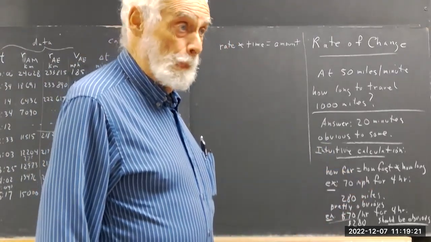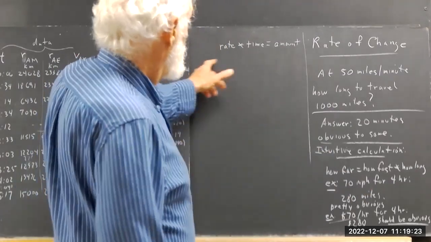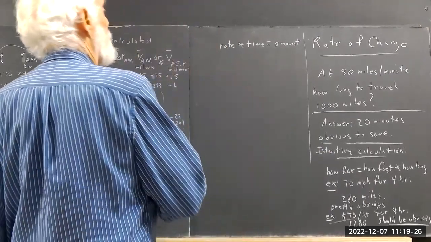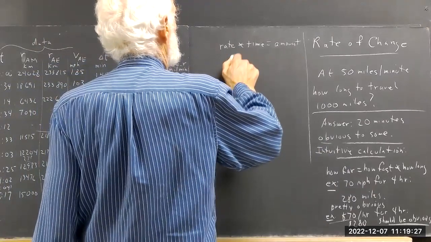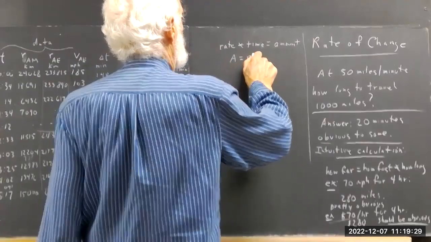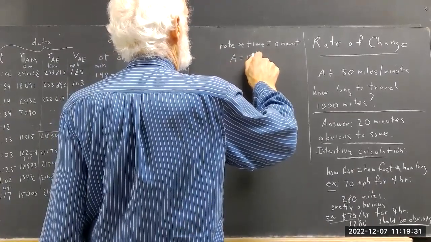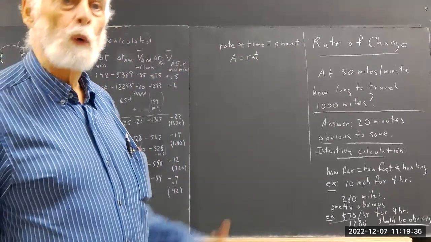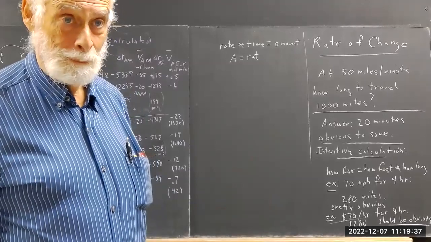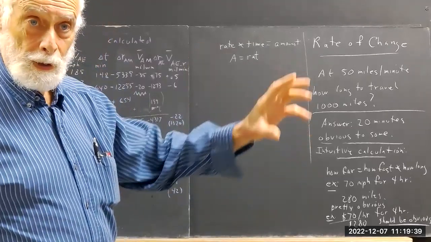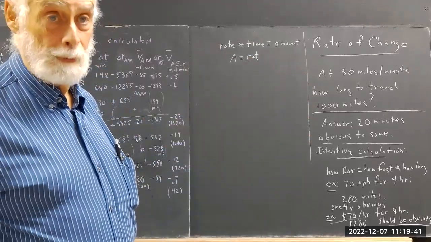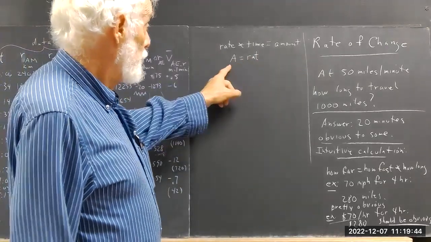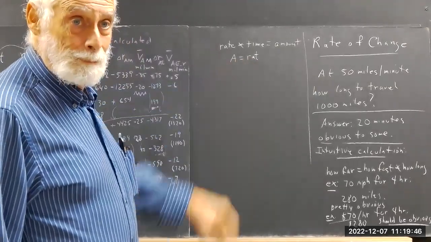So amount equals R times T or whatever. Whatever formula you happen to see, whatever letters people tend to use. Usually it's R and T. That letter can vary.